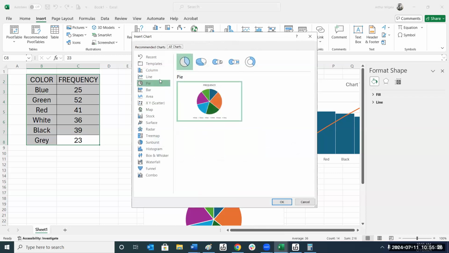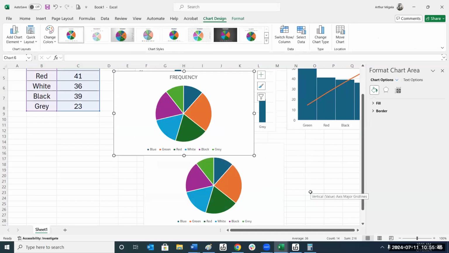Yeah, we want to know more about the data. Why is it not telling me that?